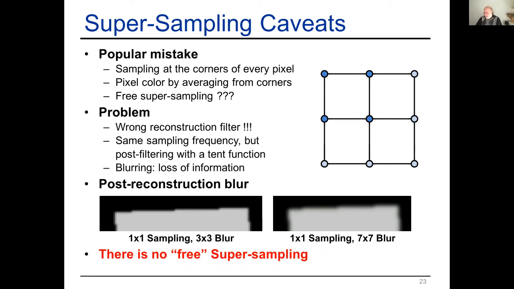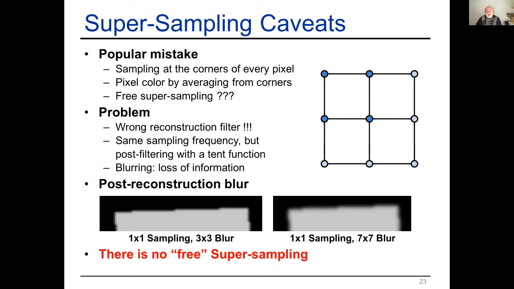Here is a post-reconstruction blur. I have this hard shadow, and this is a blown up version. You have a hard edge, and you get this staircase aliasing artifact. And then you put a 3x3 blur over this. What do you get? Well, you've not removed the aliasing artifact. The steps are still there. You've just blurred your image, the entire image, actually.